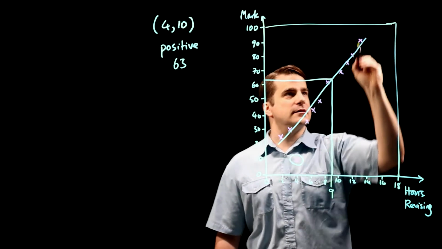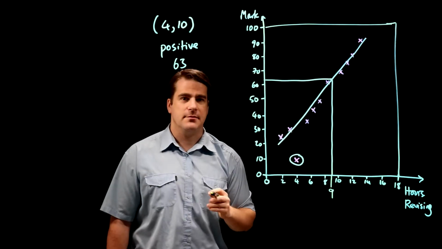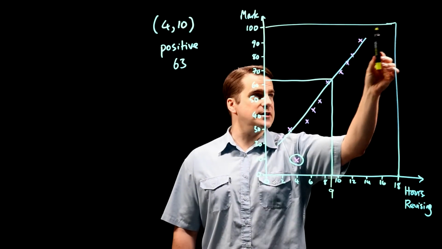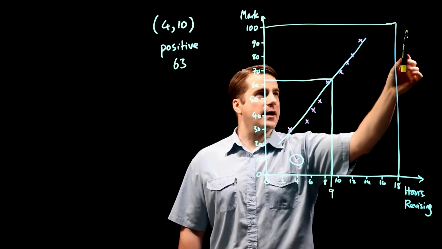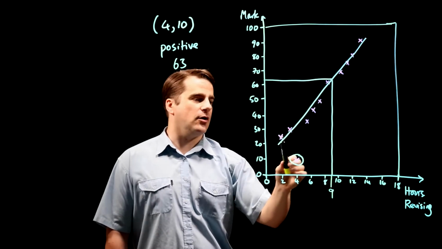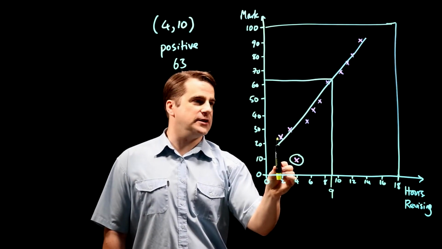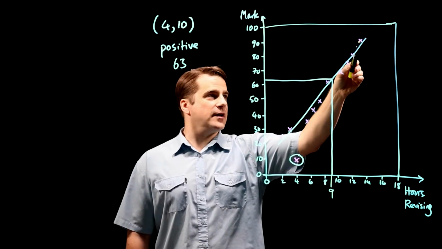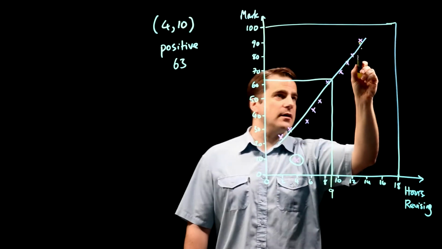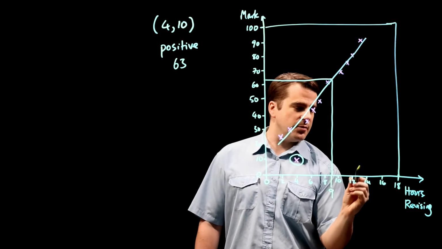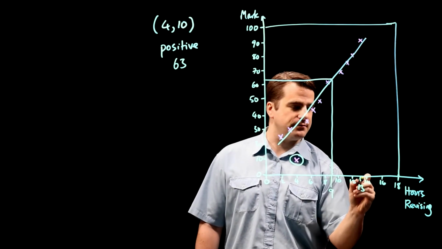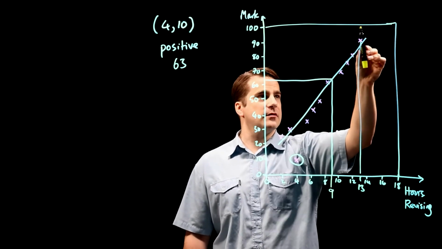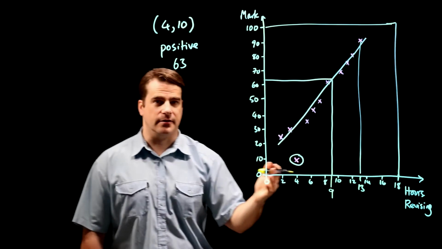Now, Lucia shouldn't really claim that because she's talking about a region that's outside of the region of data that we have. This final point here only corresponds to 13 hours. Okay, but she's talking about something going on beyond the range of data.